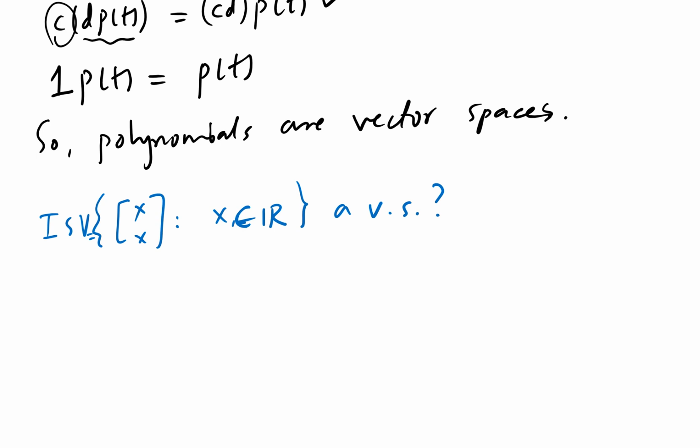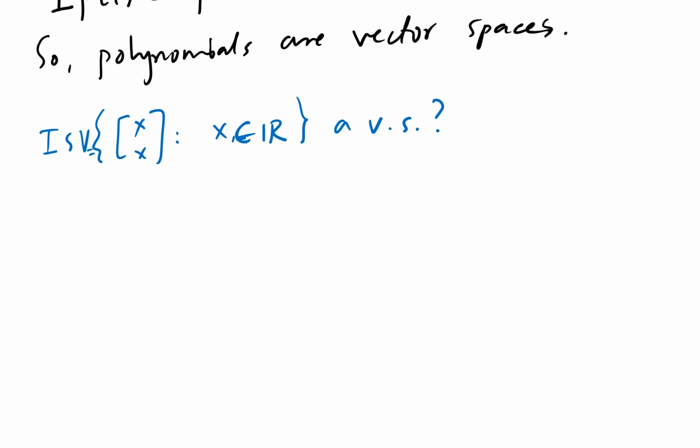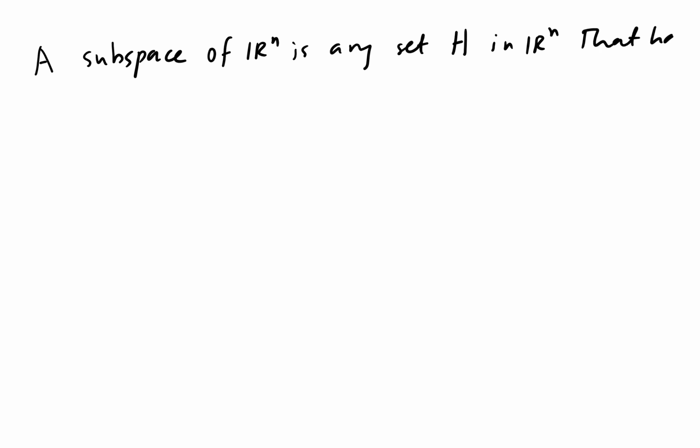Now, how about the next idea here? The next thing is called subspaces. So what's the definition of a subspace? A subspace of Rn is any set H, capital H, in Rn that has three properties. So think about this.